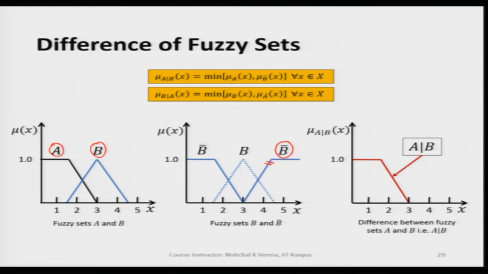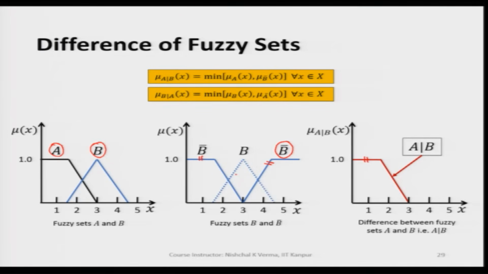So, if we have the B fuzzy set here, this is the complement of B fuzzy set, and then when we apply this condition, we find the difference between fuzzy sets A and B, which is represented in red color. So, we take all the minimum values.